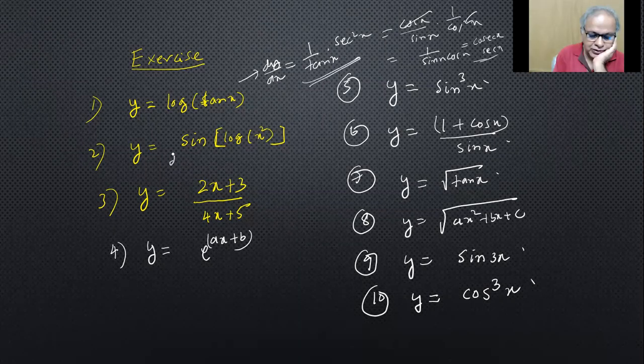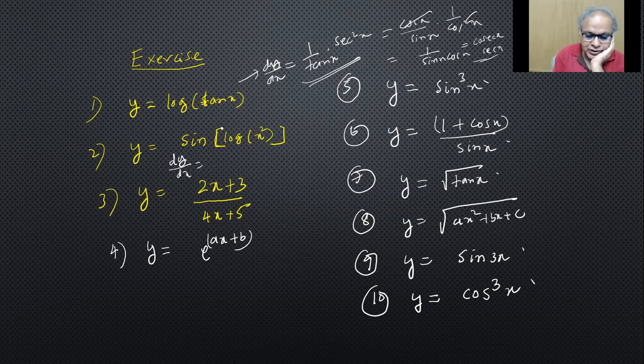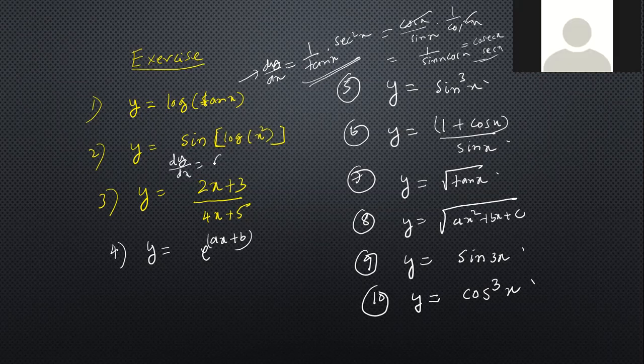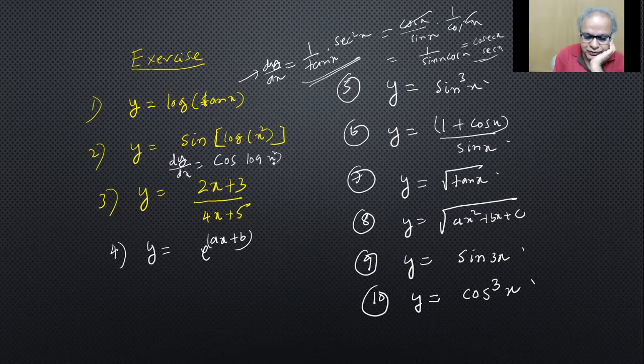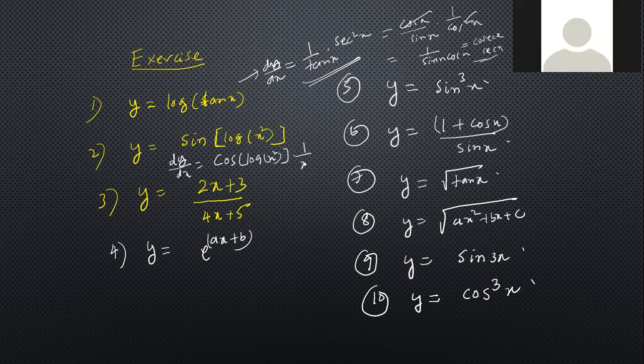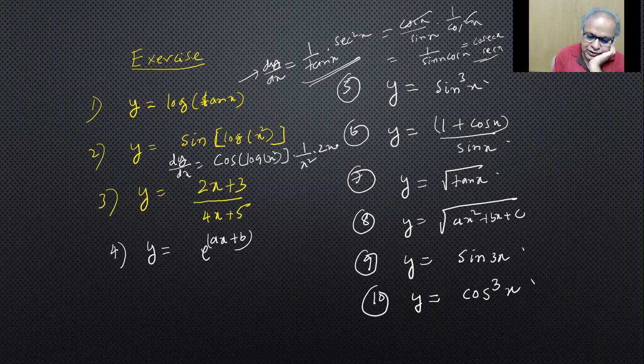Just a minute. dy by dx equals, tell me, you're writing sine function first. Cos of log x square into 1 by x square into 2x. That's correct. Yeah, you got the trick now.